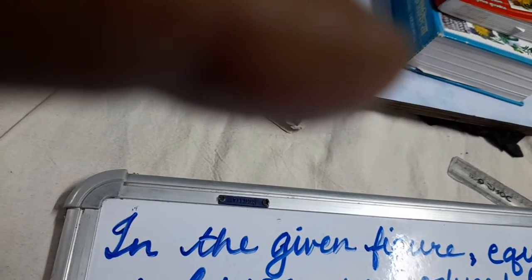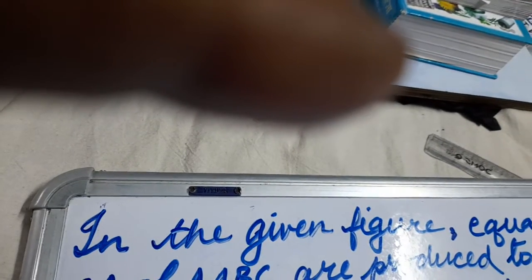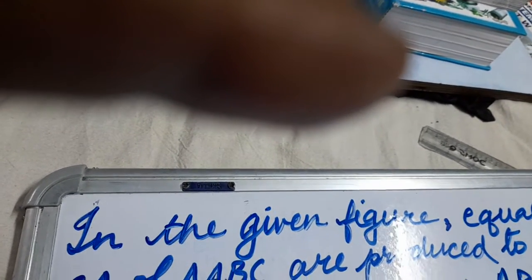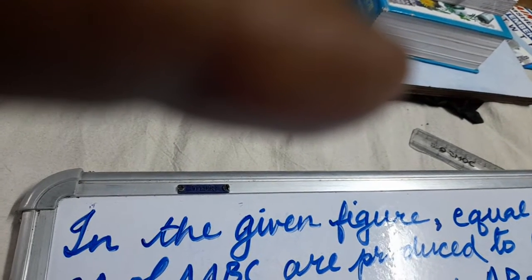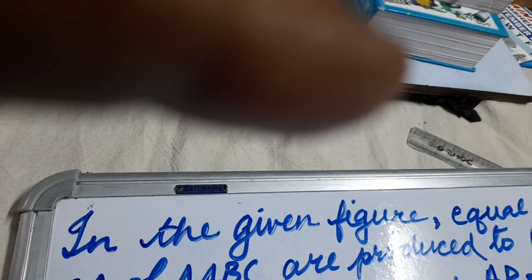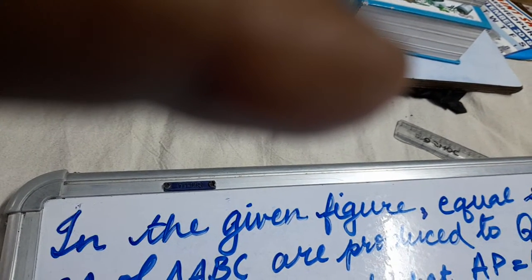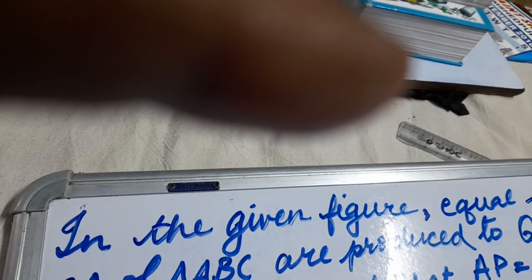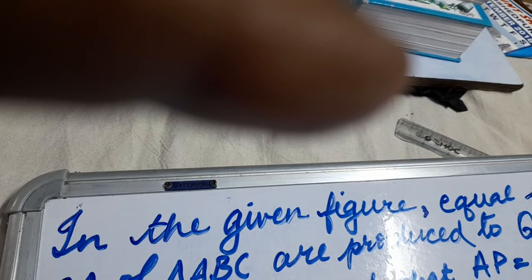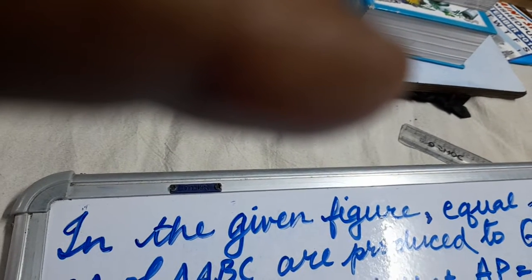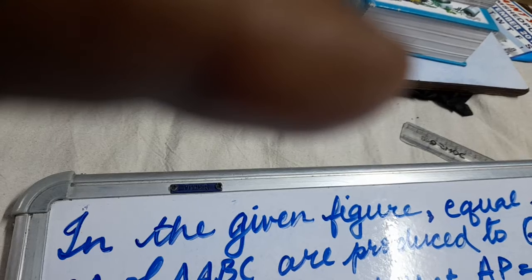In the given figure, equal sides BA and CA of triangle ABC. BA and CA, this side and this side of triangle ABC are equal. So AB is equal to CA.